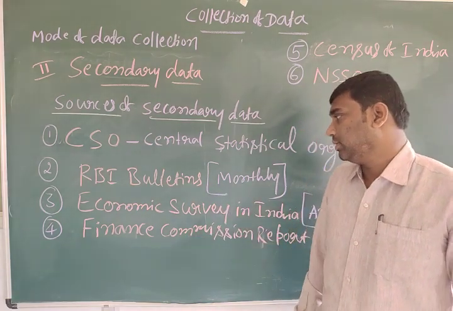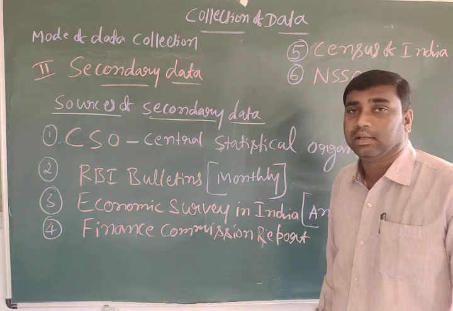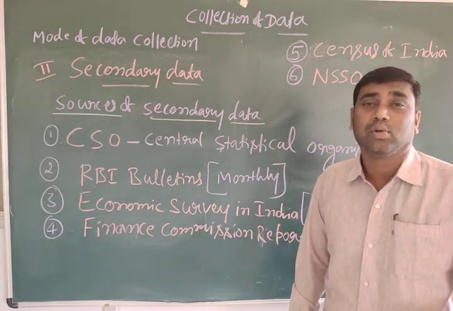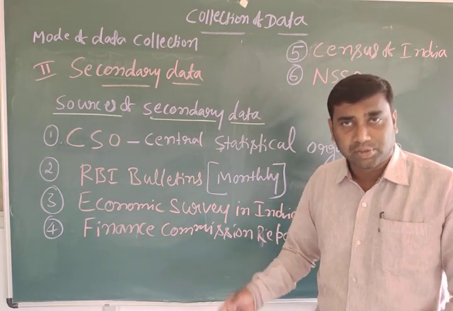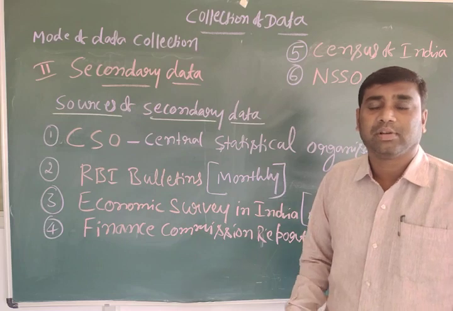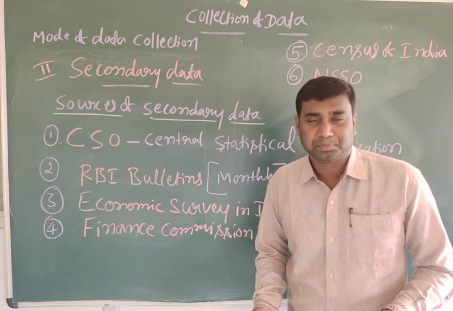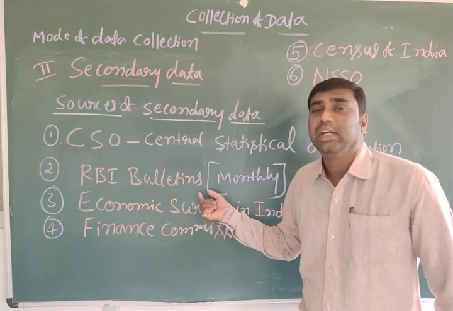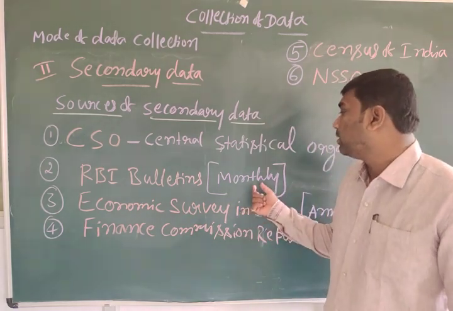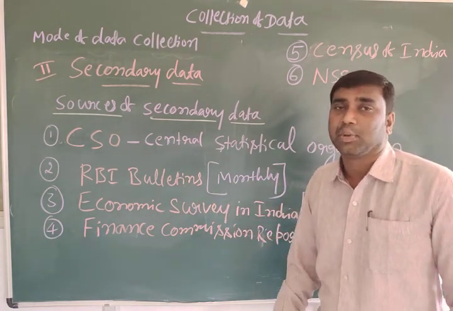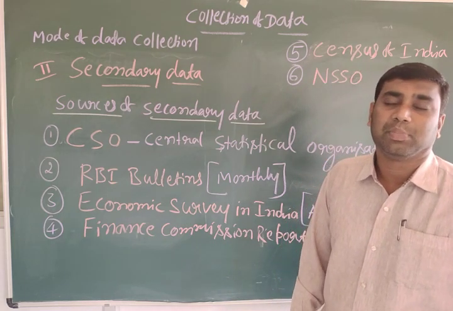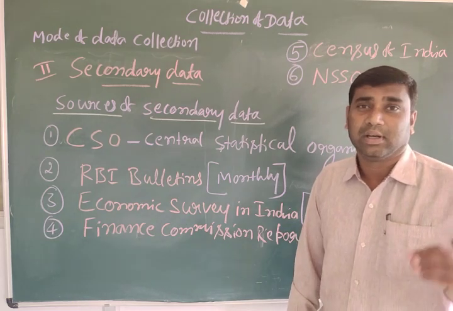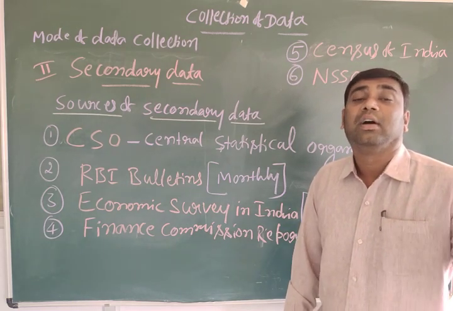Second one, RBI bulletins. Every month the Reserve Bank of India publishes bulletins and magazines about what is going on, like the financial system and the financial situation of the country, inflation and deflation, monetary policy, the exchange rate, and the present demand for money.